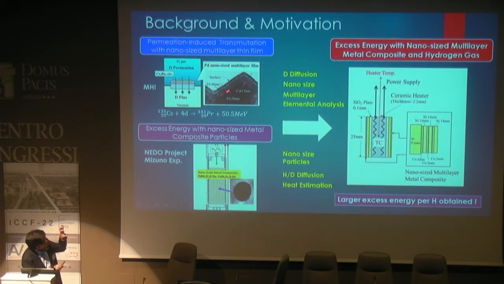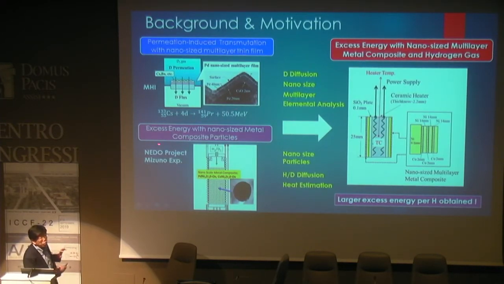We use this kind of palladium calcium oxide multilayer thin film and put the cesium on top, and we make the deuterium gas permeation like this, and we observe the transmutation reaction of cesium into praseodymium like this. In this study, key factors are diffusion, nano-sized multilayer thin film, and also elemental analysis.